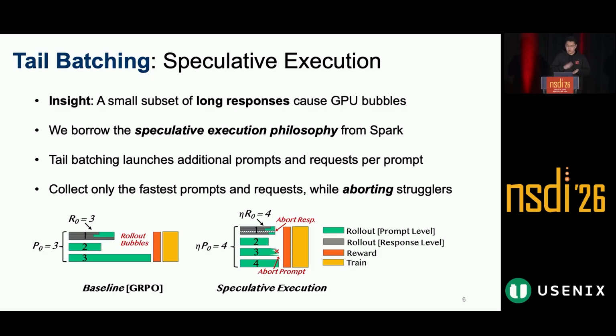Say, we launch 4 prompts, and each generates 4 responses in each step. In this case, each prompt only collects the first 3 responses, and the whole batch collects the first 3 prompts. The remaining are aborted. This is a race-to-completion strategy, which naturally reduces the impact of the long-tail distribution.